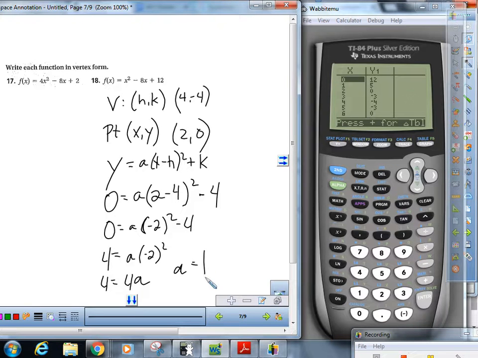A equals 1. So we have our a, we have our h, we have our k. So now we just write the equation as y equals 1 times x minus 4 squared minus 4, and that is the end of that one.